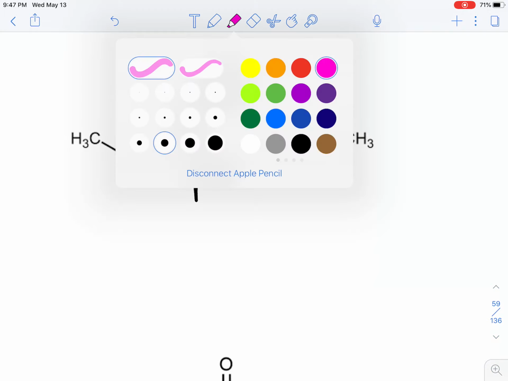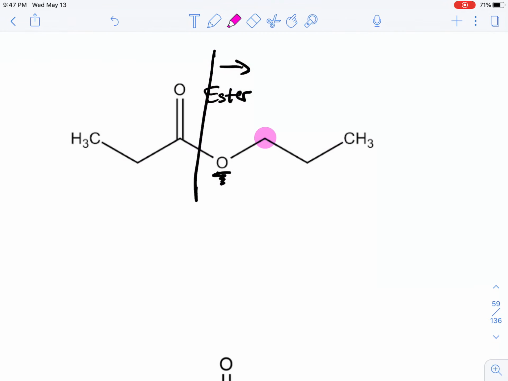I'll keep it a pink. So here I have 1, 2, 3 carbons. So I have a 3 carbon substituent, which is going to translate to a propyl. So since my substituent is named first, I'm going to go ahead and write that down.